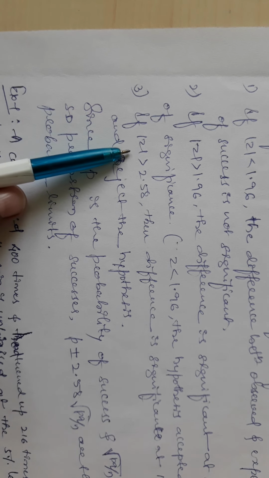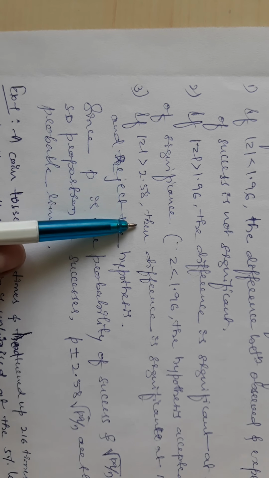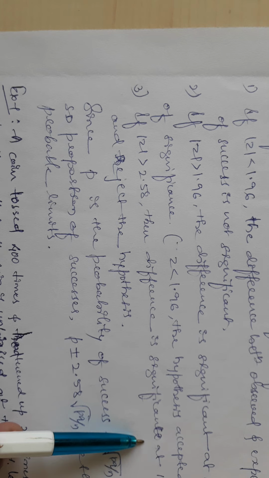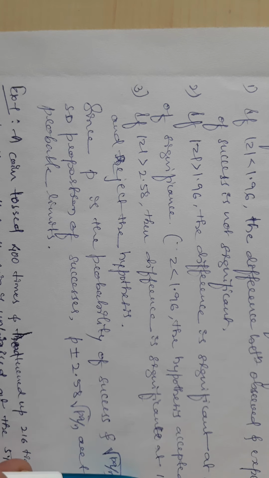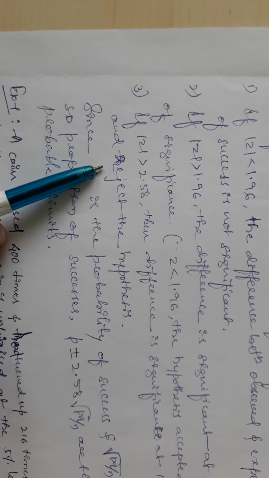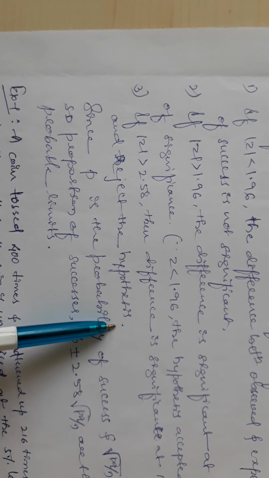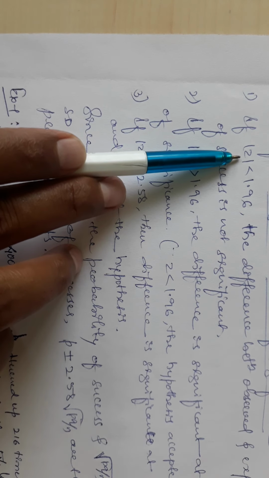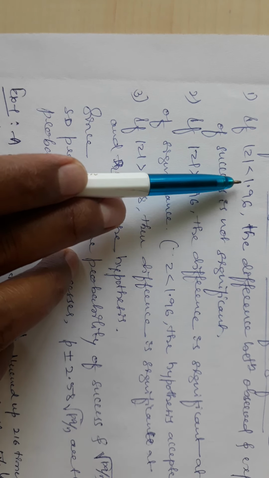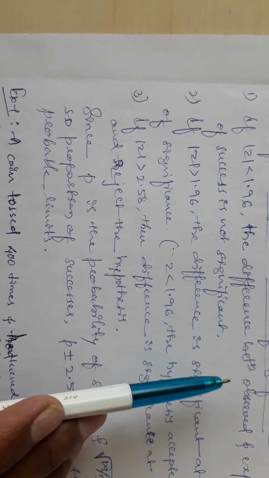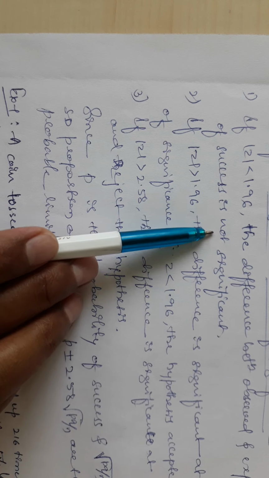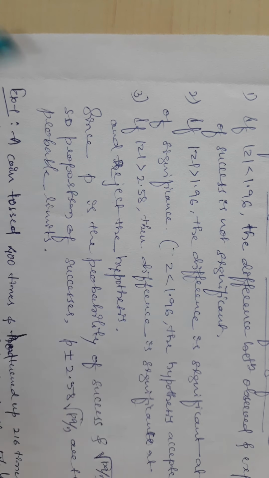Third, if mod z is greater than 2.58, then the difference is significant, that is, rejection at the 1% level of significance, and we reject the hypothesis. Similarly, if mod z is less than 2.58, the difference between the observed and expected number of successes is not significant.